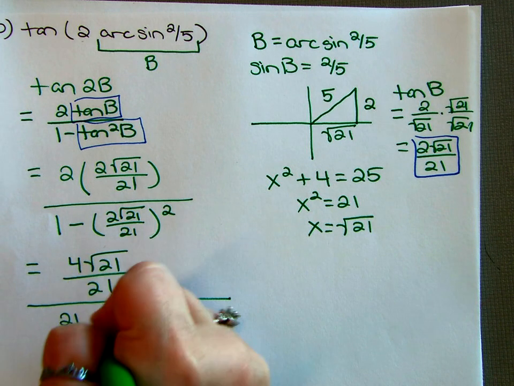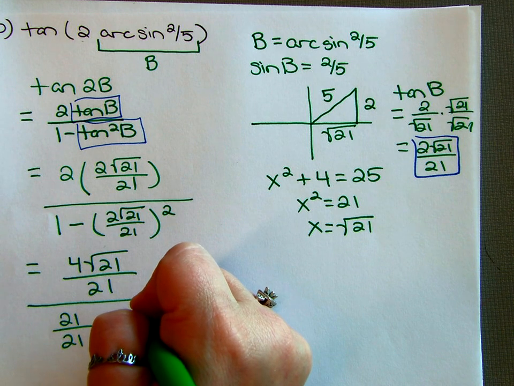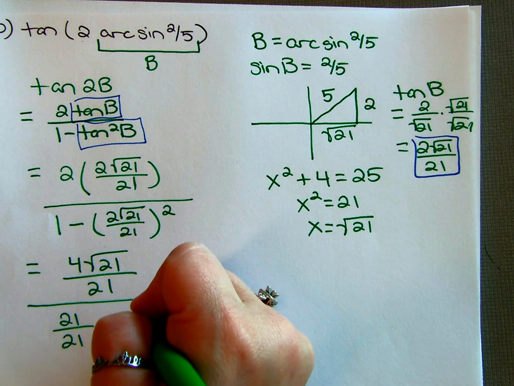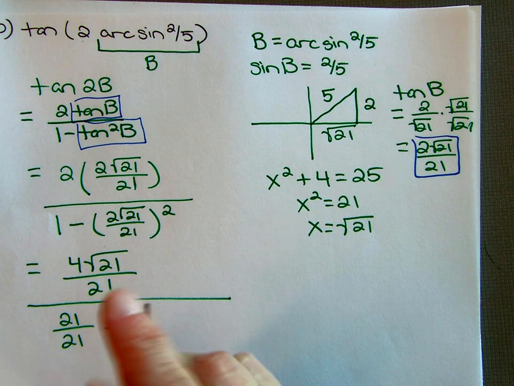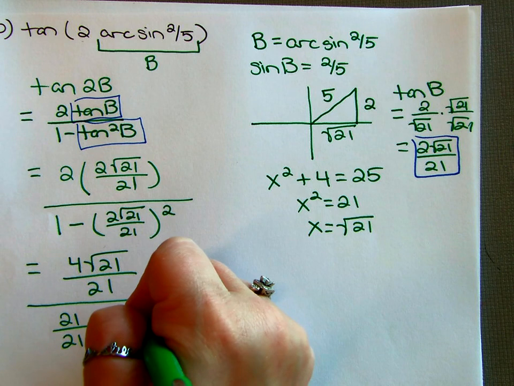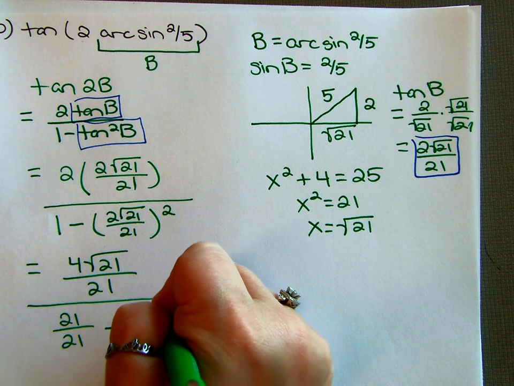Then over here I would have, oh man, are my notes wrong? Oh, I know what I did. I'm going to keep going the way that I am. 4 times 21 over, what's 21 squared?